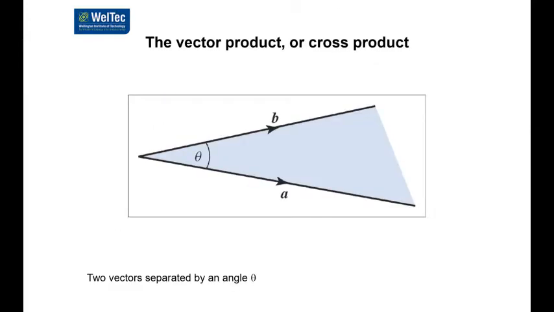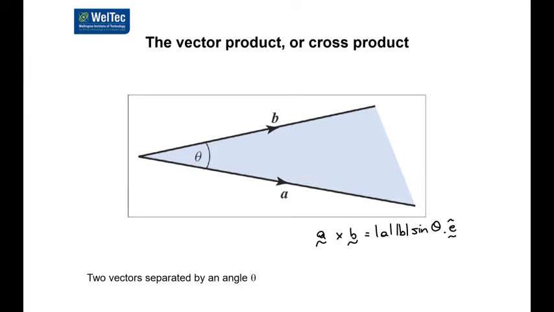Now we're going to look at the vector product or the cross product, and what we've got is two vectors separated by an angle theta, and we define the cross product as A cross B is equal to the length of A times the length of B times the sine of theta times the unit vector e.